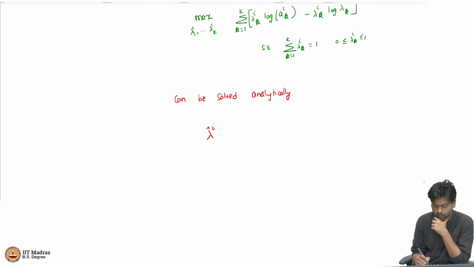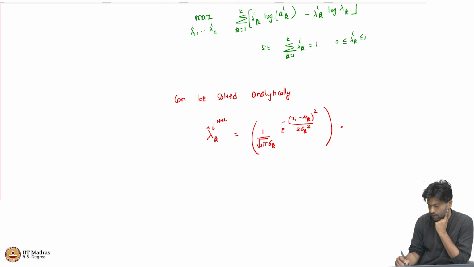We get the following formula: lambda hat ik of the modified maximum likelihood looks like the following: 1 by square root 2 pi sigma k e power minus (xi minus mu k) squared by 2 sigma k squared into pi k, divided by the sum over l equals 1 to K of 1 by square root 2 pi sigma l e power minus (xi minus mu l) squared by 2 sigma l squared into pi l.